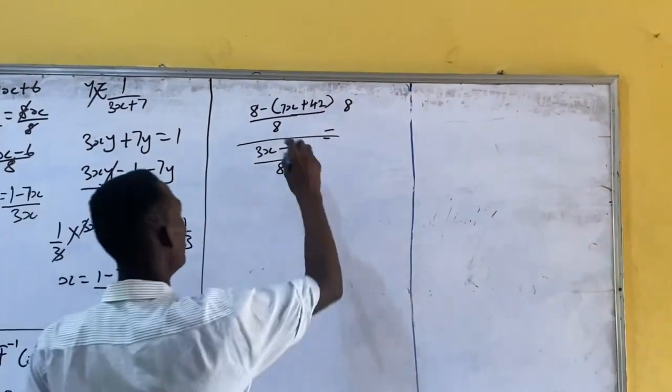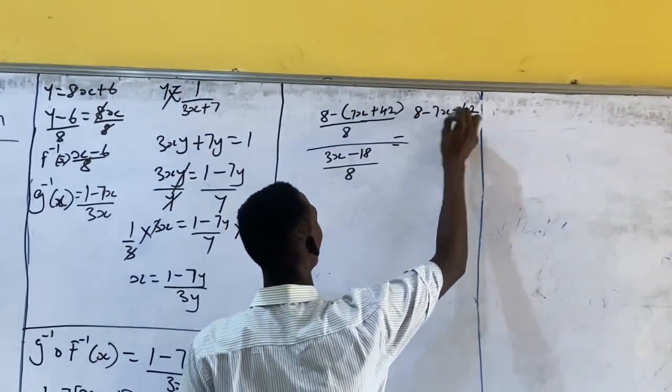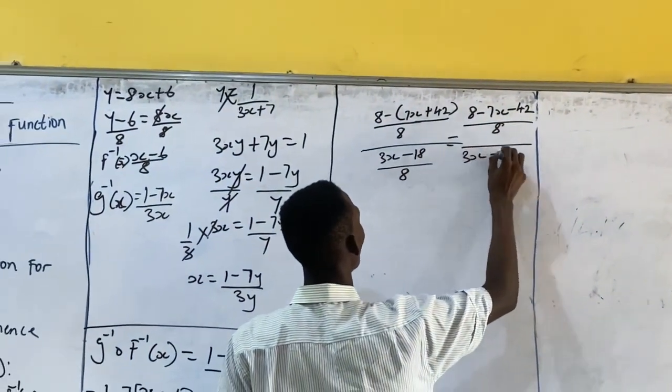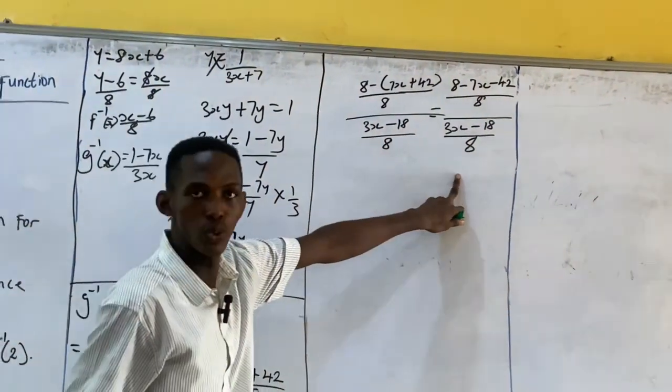Let me expand this first: 8 minus 7x minus 42 over 8 over 3x minus 18 over 8. Now you know that these two 8s will cancel each other.